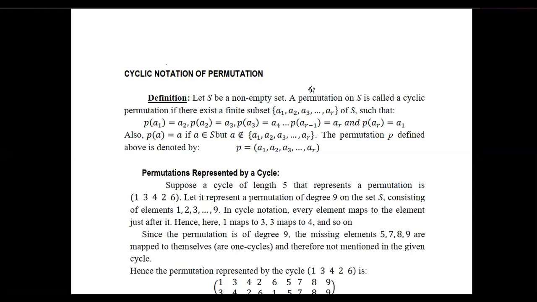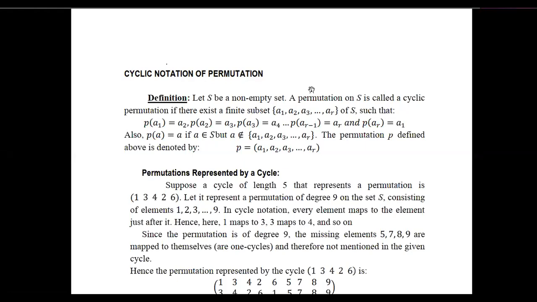then the image of a(r-2) is a(r-1). Similarly, the image of a(r-1) is ar, and the image of ar is a1. It means we complete the cycle starting from a1, and again ar is mapped to a1.